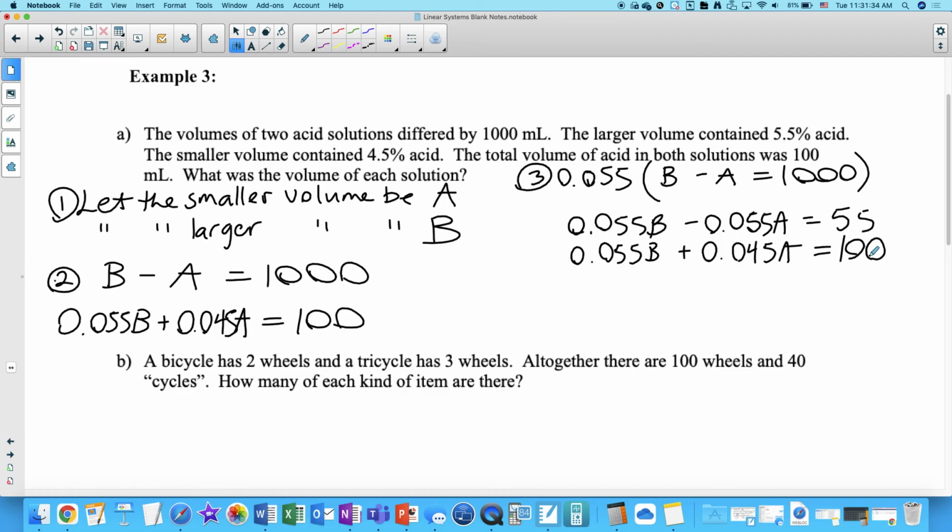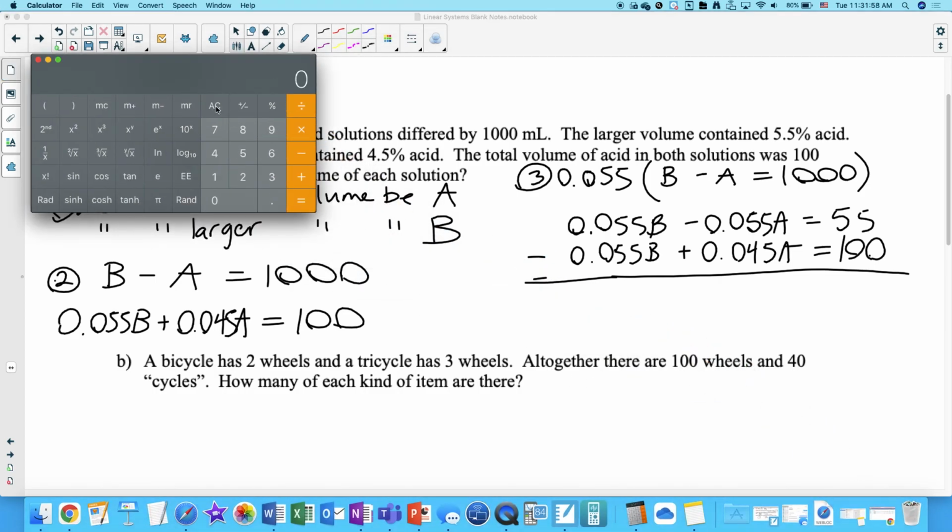Okay, and then when I subtract, this goes away. Okay, so the first term goes away, and then negative 0.055 minus 0.045. You could certainly do that. I just did it with my last class on a calculator.